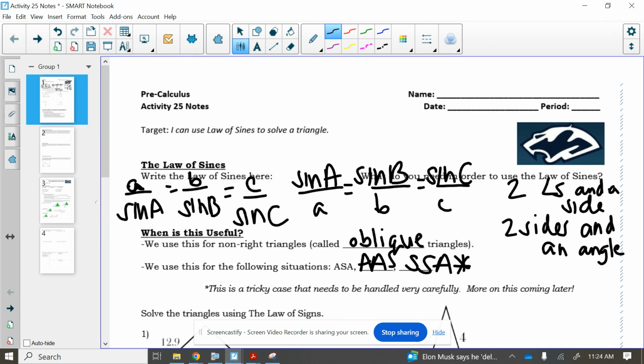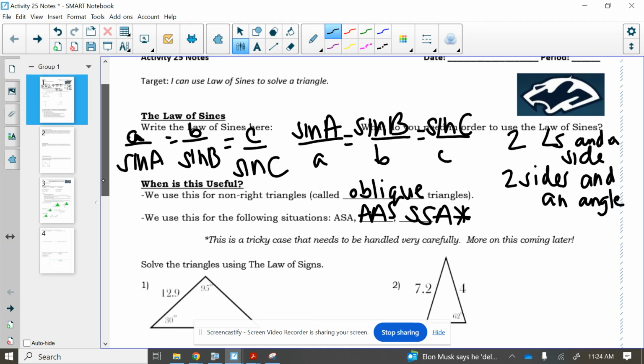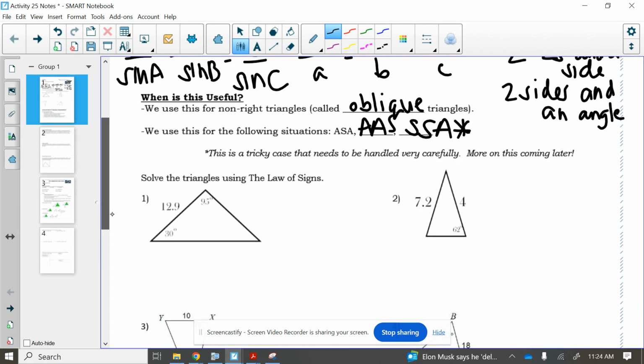Okay, so a little bit different than the side, side, side, or side, angle, side that we saw with the law of cosines. Now that last one, side, side, angle, we are going to talk about a bit more in later lessons about how that one can cause us potentially some issues.